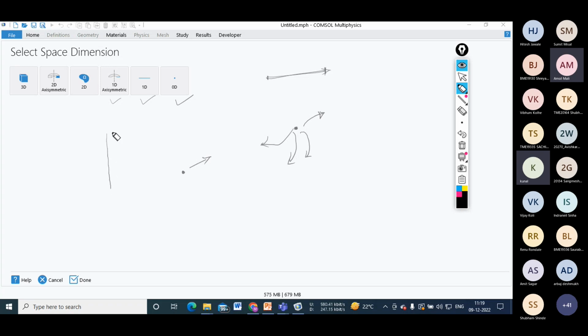For example, if you want to draw a cylinder, in finite element analysis there is the method of 1D axis symmetric and 2D axis symmetric. By using that, you can draw only a single plane, and you can convert that single plane into the 3D axis symmetric. We will see a problem on 2D axis symmetric also.